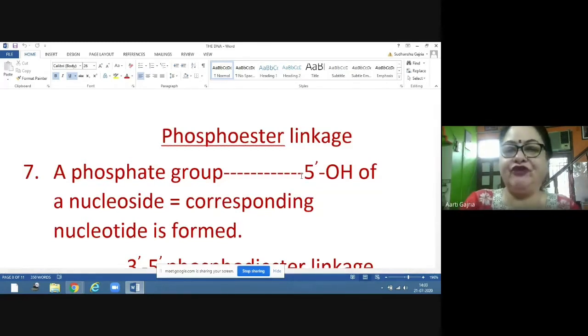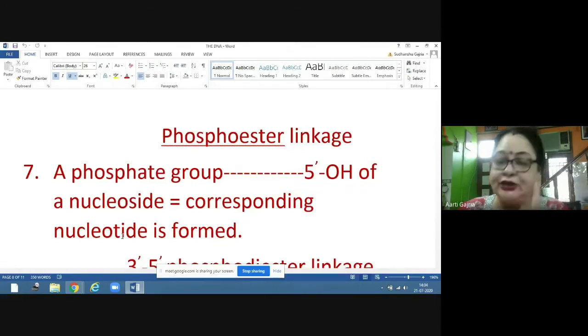So the phosphate group joins with the 5th carbon of the pentose of a nucleoside, and this forms a nucleotide. So nitrogen base plus pentose sugar forms a nucleoside. Nucleoside plus phosphate group forms a nucleotide.